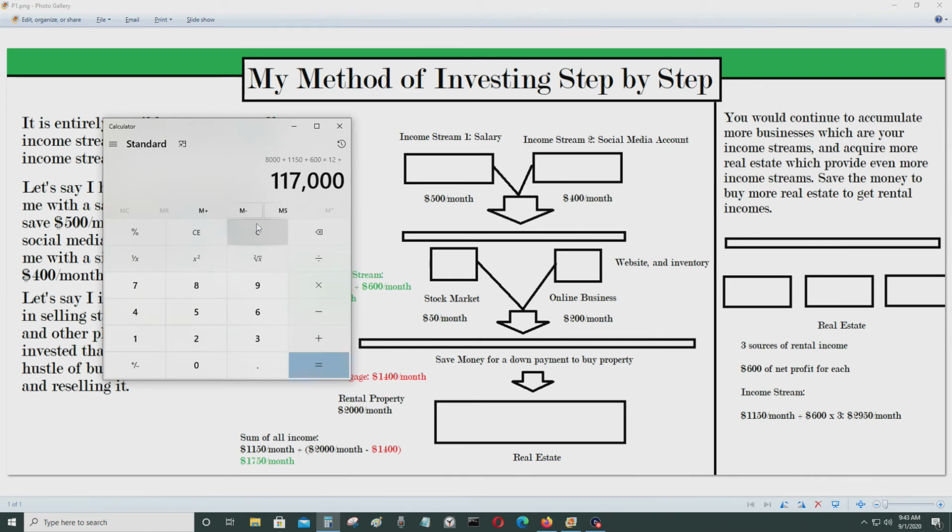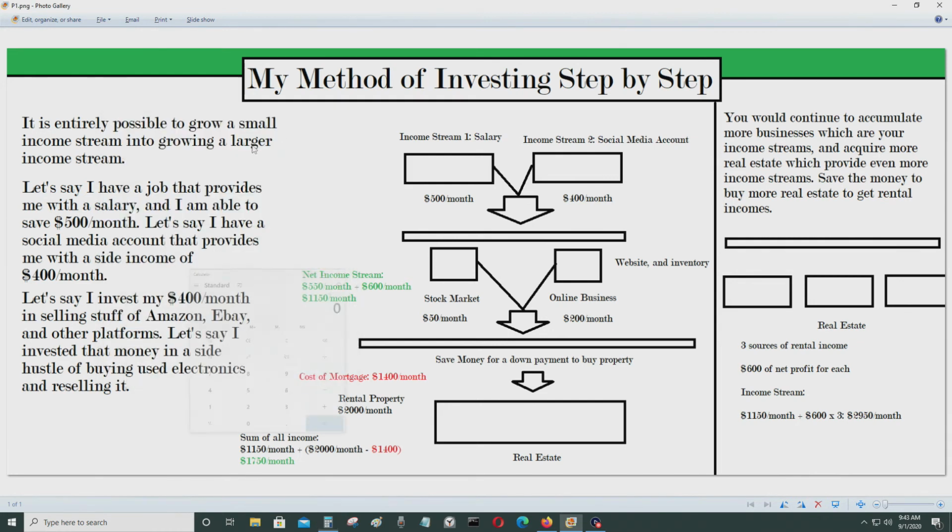That's 117. Now I could buy even more real estate, and you see how this goes? It's entirely possible to generate a lot of money by investing your money correctly, by following this model.